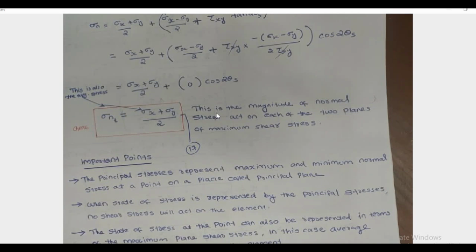Understanding of this formula and the concept of principal stress, principal plane, and maximum shear stress plane are important to draw a Mohr circle, or to understand the procedure of the Mohr circle method to calculate the principal plane, principal stress and maximum shear stress. That is why I took this portion, and this is the conclusion.